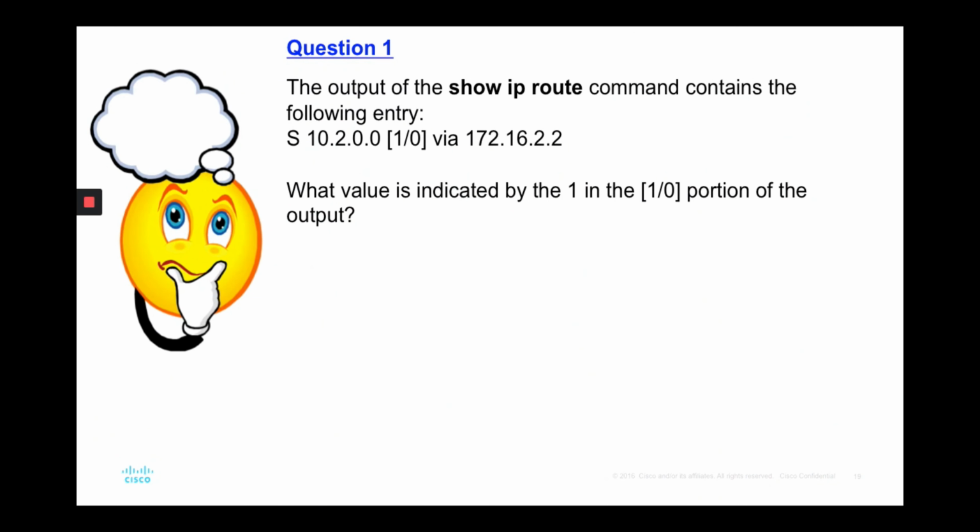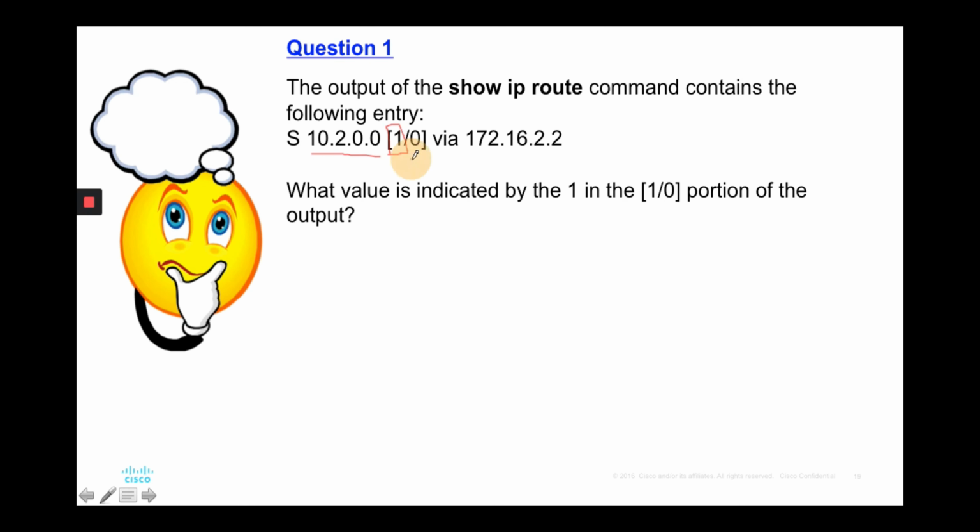Okay, let's look at the first question. The output of the show IP route command contains the following entry. The S denotes a static route to reach the destination of 10.2.0.0, and the first value here represents the administrative distance.